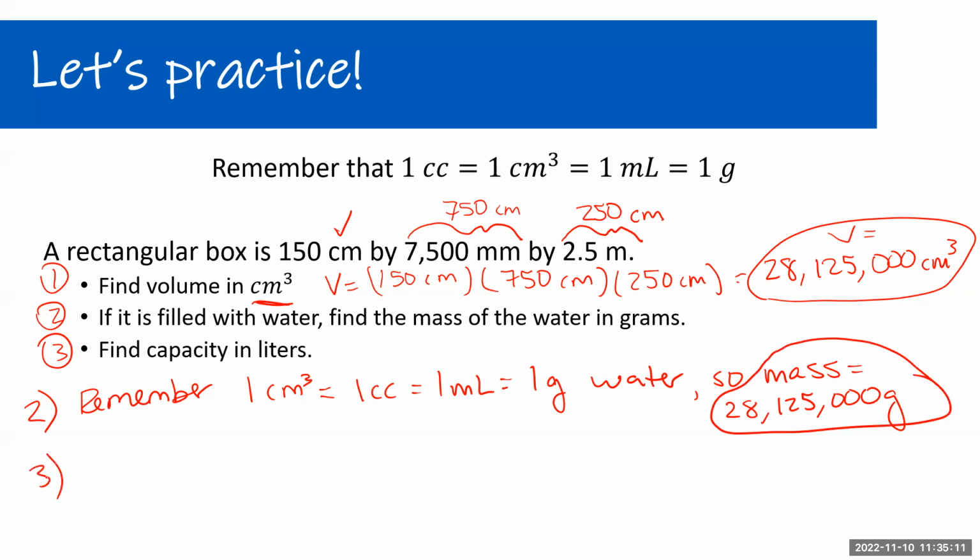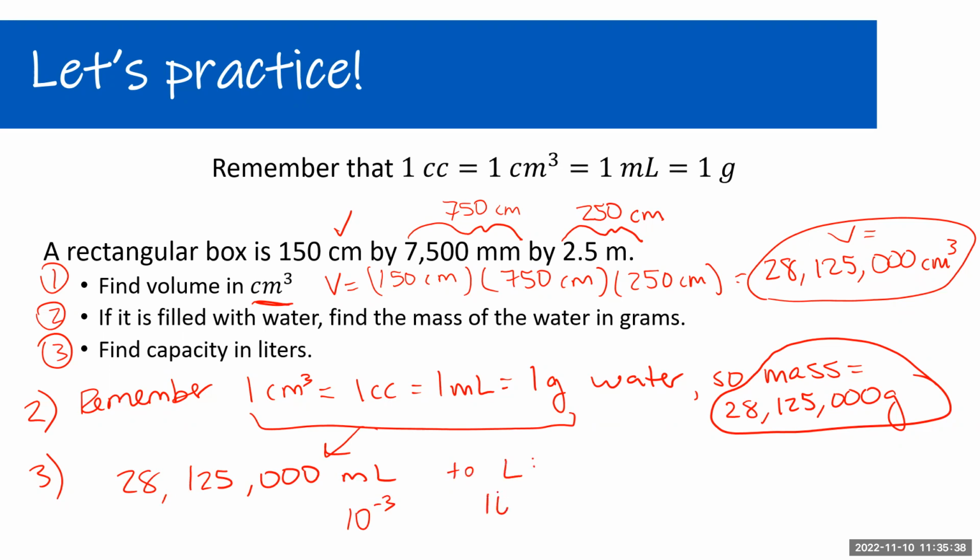What about the capacity in liters? Well, using this same idea here, the first thing we want to do is convert it to milliliters. Okay. So we know, using this above, that we have 28,125,000 milliliters. And remember that milliliters is 10 to the negative 3.